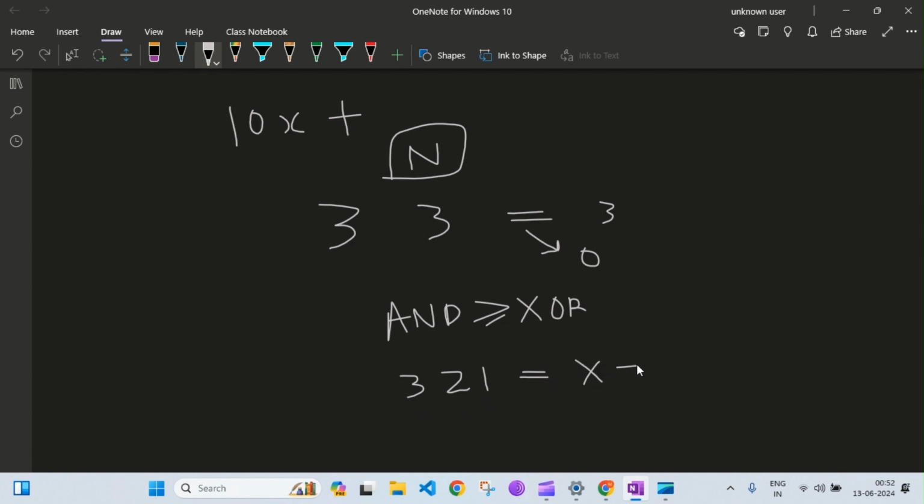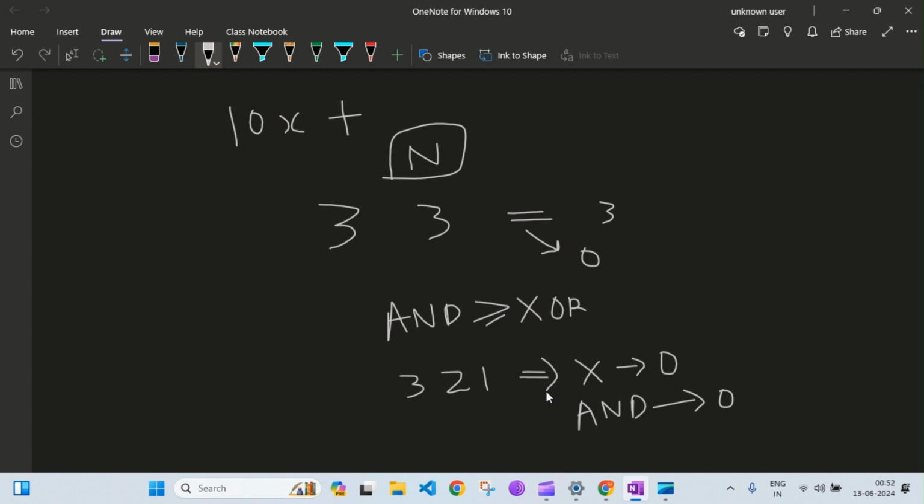So let's mark XOR as X. That XOR will be 0, and what will be AND? The AND value will be 0 also. You try to do 3, 2, 1 AND, it will give you 0. So if we put it like this, our prefix condition is satisfied.